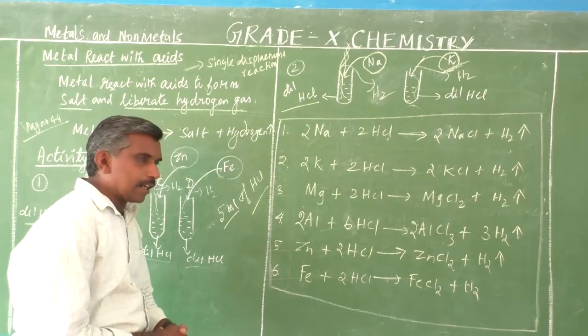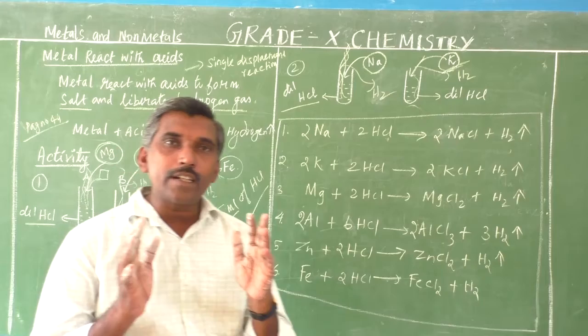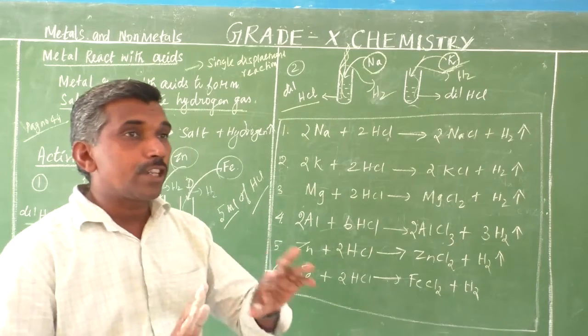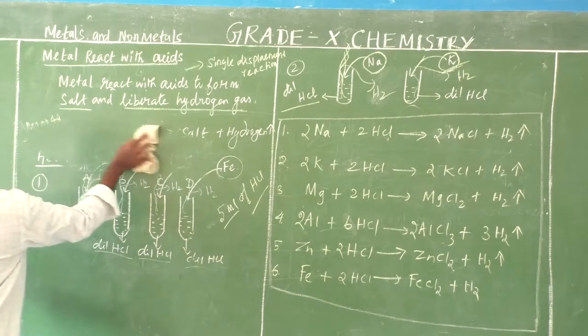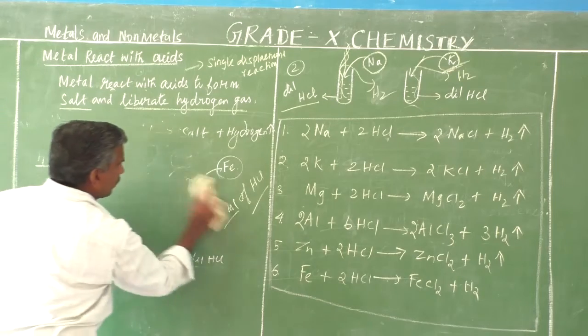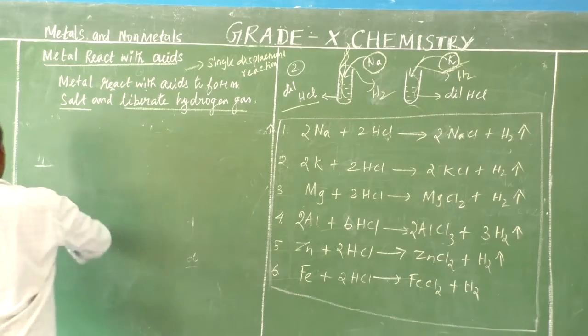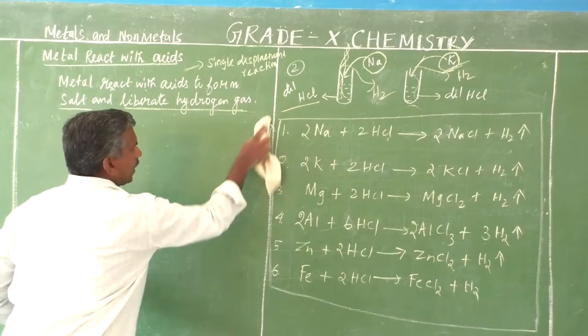Here the six metals do not have an equal reaction rate. Different reactions have different rates: one is very fast, another very slow.